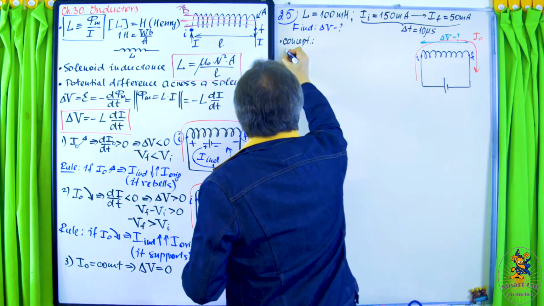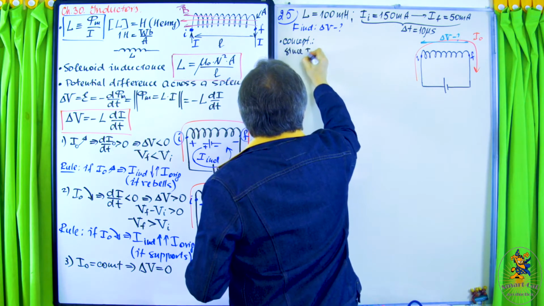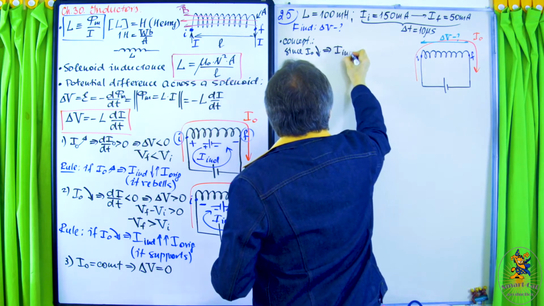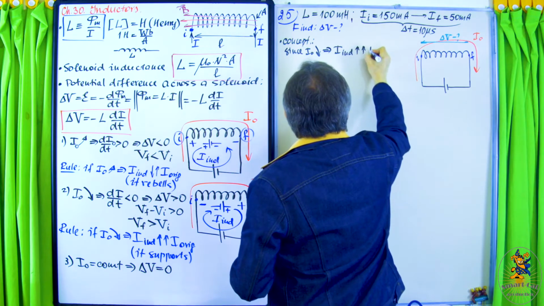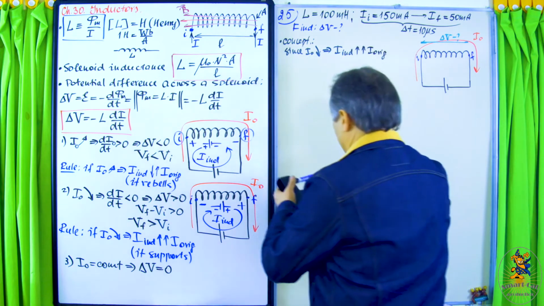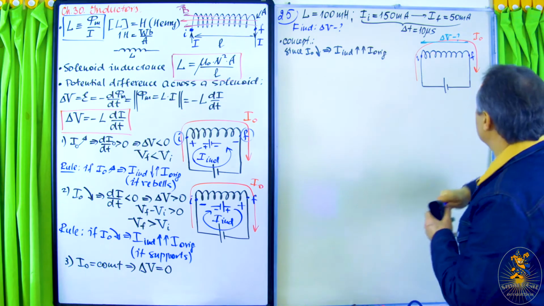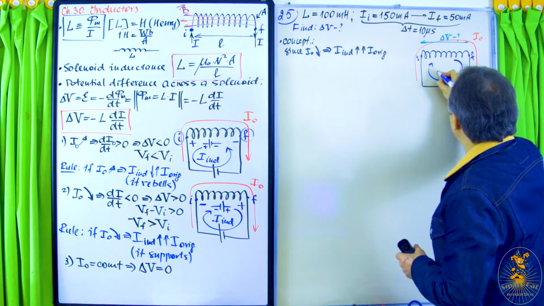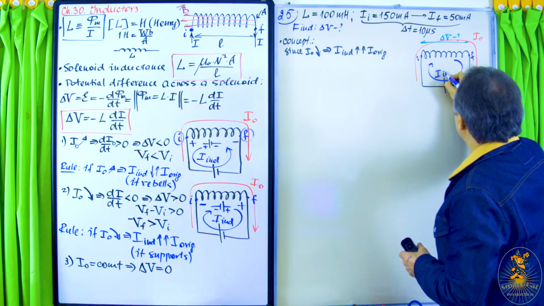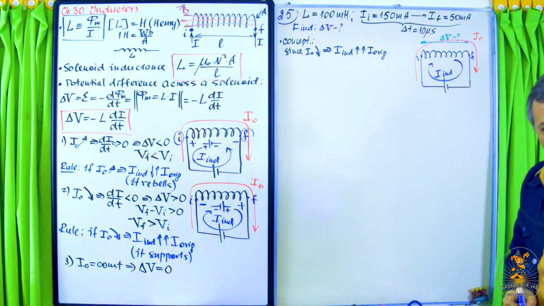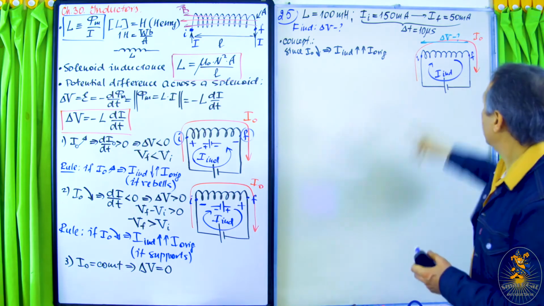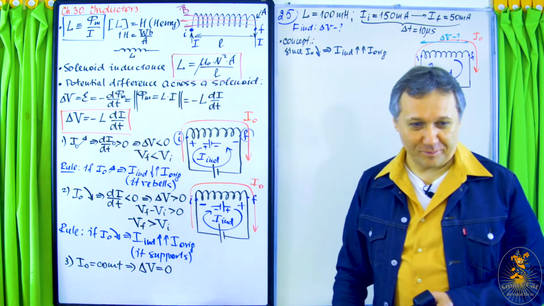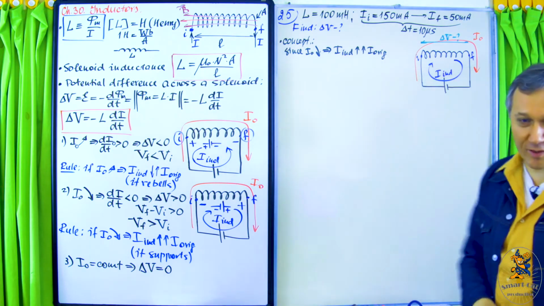So let me show that. Since the original current is going down, we can write immediately that the induced current will be in the same direction as I original. So it means that, being supportive, in the same direction means it's this way. So this will be the direction of I induced, right? And so now, what should be the polarity of this effective battery in order to drive the induced current like that?